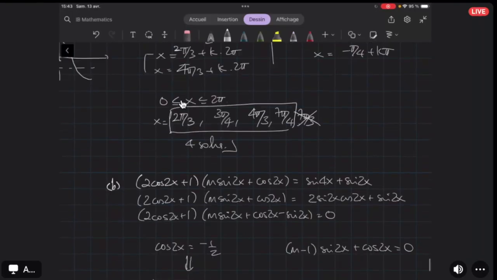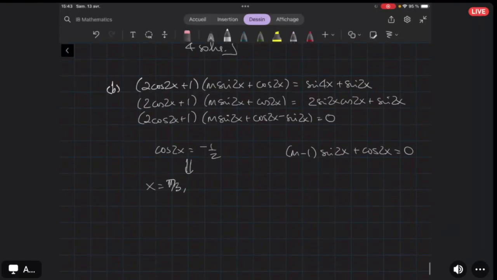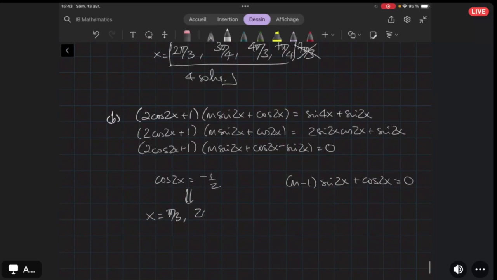So I'm going to change this answer a bit. 2 pi over 3, then 4 pi over 3. That means the new solution is going to be pi over 3 and 2 pi over 3, and 4 pi over 3 and 5 pi over 3. But we're only interested in the interval.